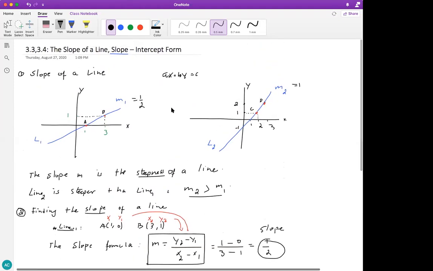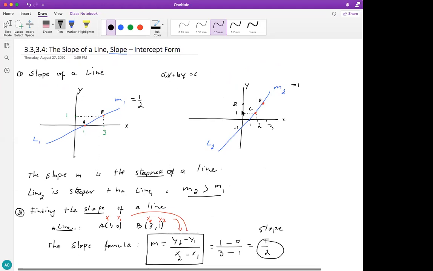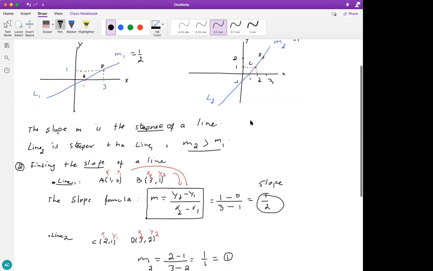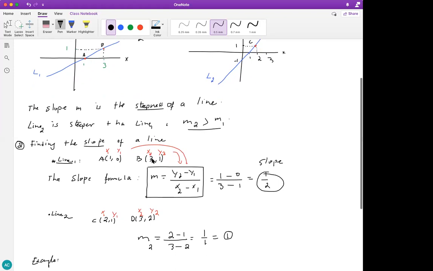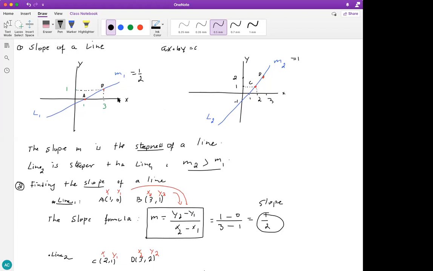So sometimes you don't have a graph. Okay, again, these graphs are made up. Usually if I give you a graph, I'll give you the actual one with actual numbers and the scale. Or instead of giving you a graph, I'll just give you these points right away. You may have just 2 coordinates without the graph. If you have a graph, you can read any points on your own. You can take any 2 points.